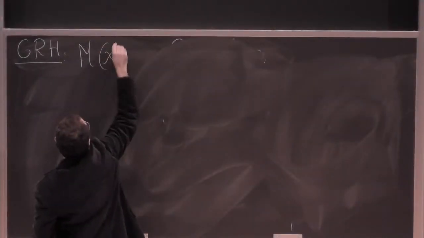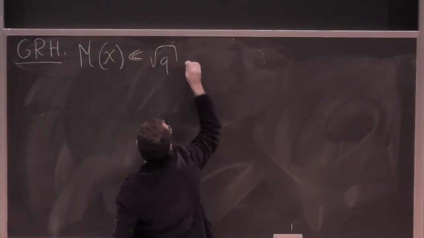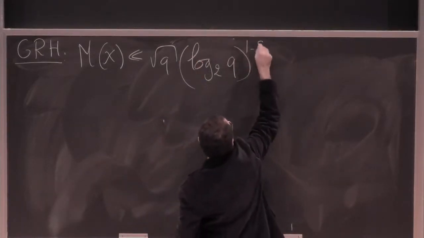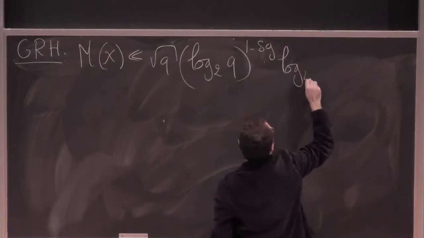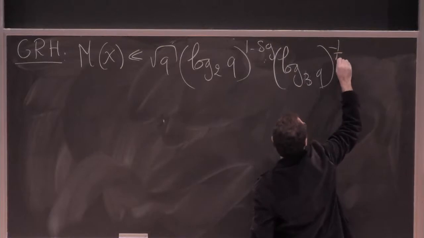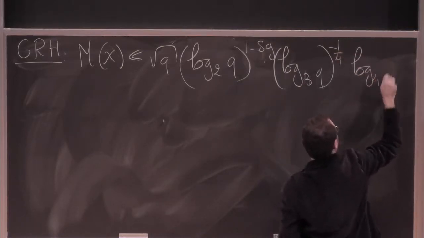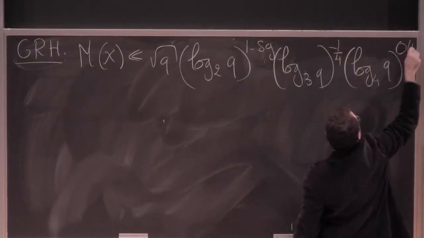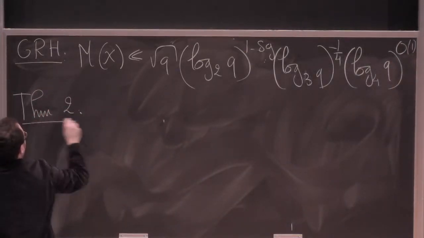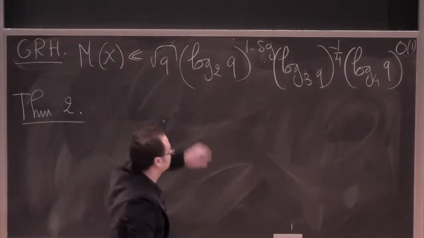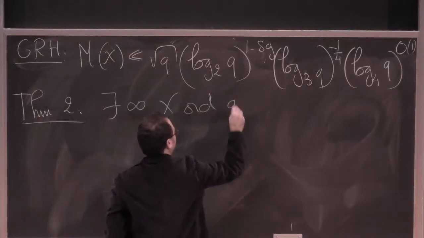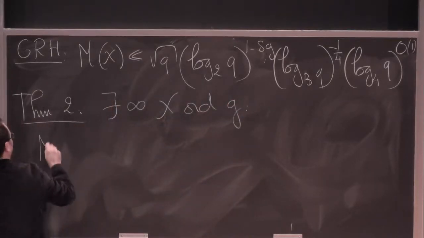Chi, square root q, log 2q, 1 minus delta g, log 3, triple log minus a quarter, and quadruple logs. And then our theorem 2 says that this is best possible, and conditional. So there are infinitely many chi of order g such that this is attained.